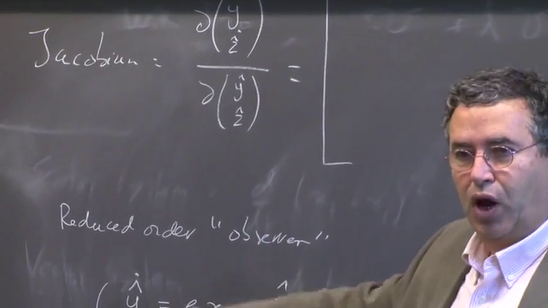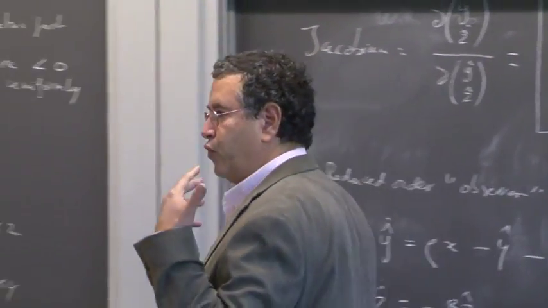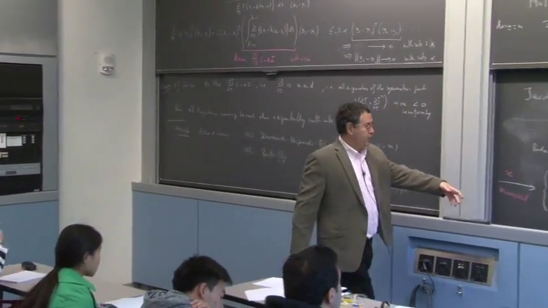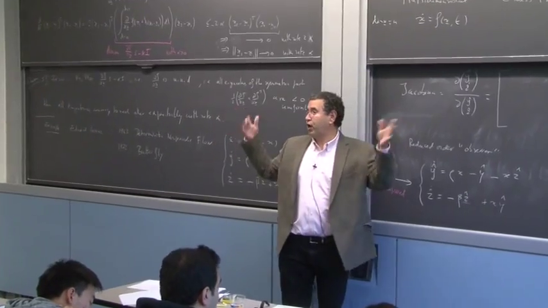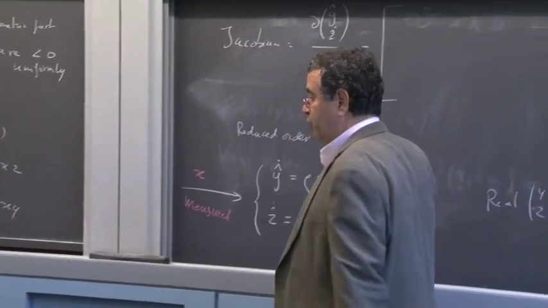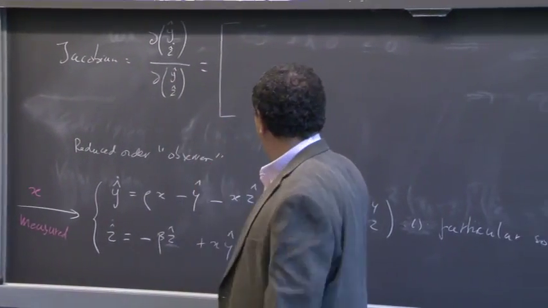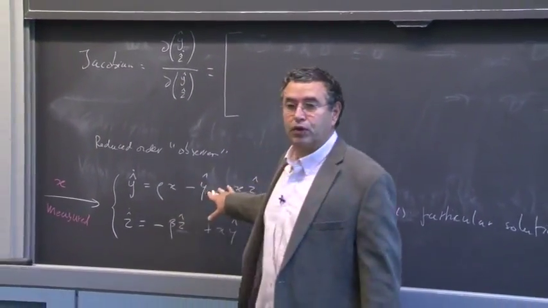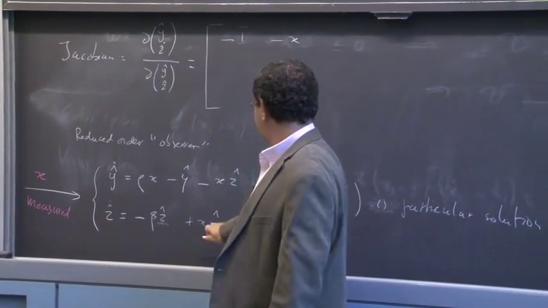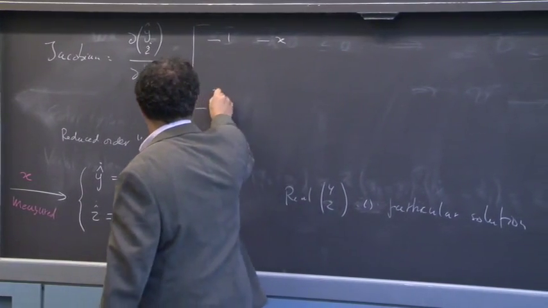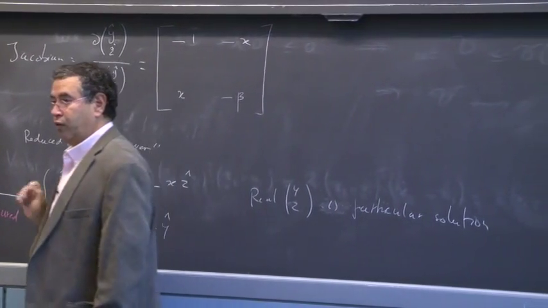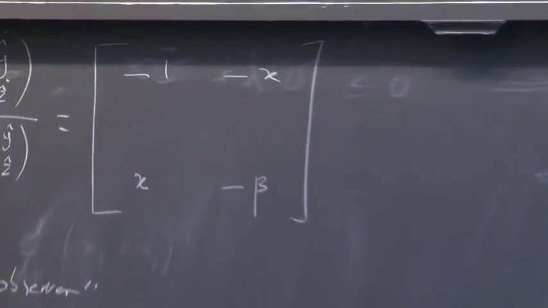So for this system, it's like the observer we did when we looked at the van der Pol, we measured position and we wanted velocity, right? For this system, x is an external variable, it's a function of time, right? So when we compute the Jacobian, what do we get? Can you tell me? So minus 1 and minus x, plus x, minus beta. Right? That's the Jacobian. Is that clear?